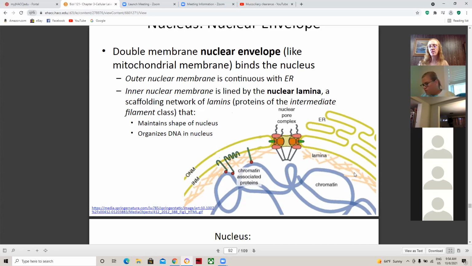If you remember the microfilaments made of actin that make up the terminal web of the cytoplasm, right next to the plasma membrane, the nuclear lamina is similar in its function in the nucleus. It maintains the shape of the nucleus and helps organize the DNA in the nucleus.